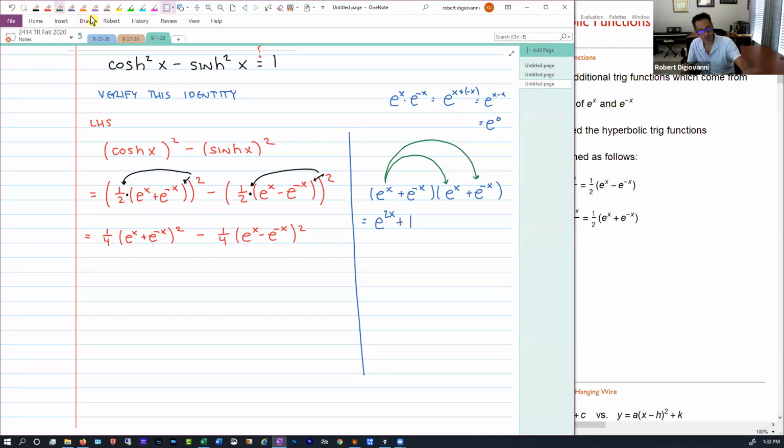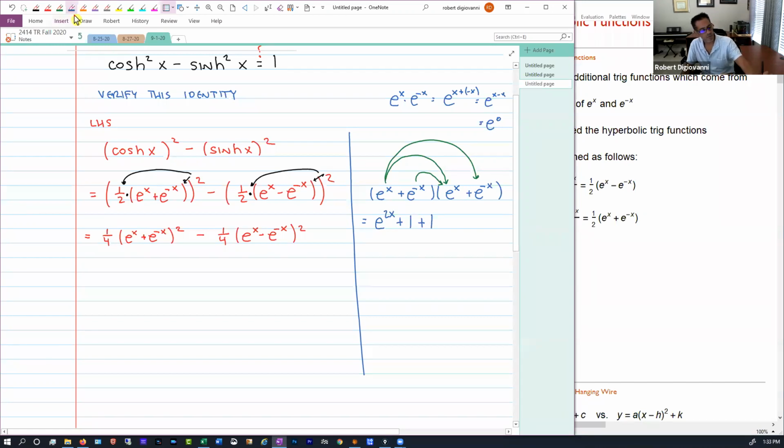Okay, let's keep going, Rania. What about the next one, the inner ones, when we multiply those? Just add up the exponents again. So it's going to be 1. 1 again, right? We're going to get e to the 0, so we get plus 1 again.